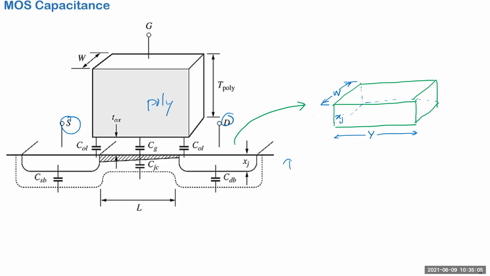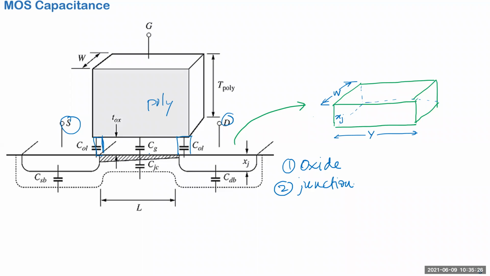One is the oxide cap, and the other is what we call the junction cap, the PN junction cap. The C overlap is this extension of the poly onto the source and drain. So that's your overlap caps here.